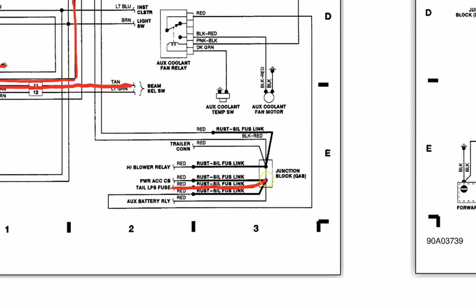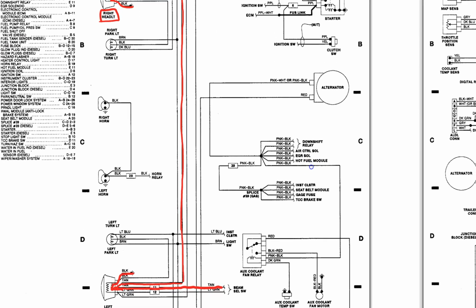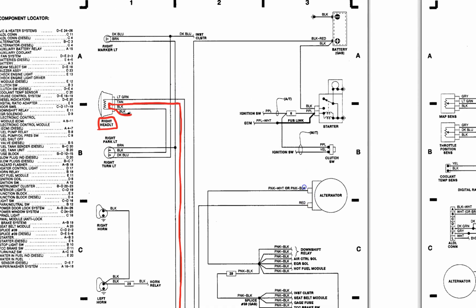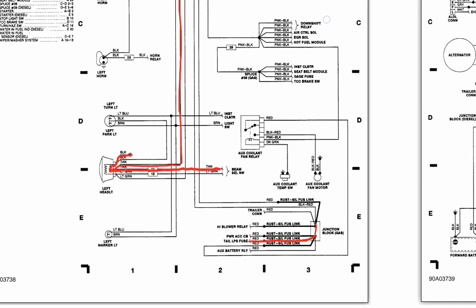So this junction block, this will come across, and somehow we have to get back to the battery. So this is the blower relay. That's not the right one. We're not going to the trailer connector. Where do these other ones go? These top two. We have a black, red, and a red. Well, they head up. One goes to the alternator, and one goes up all the way to the positive battery post.